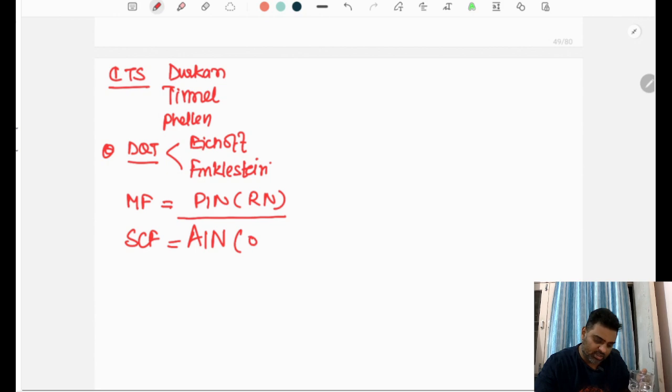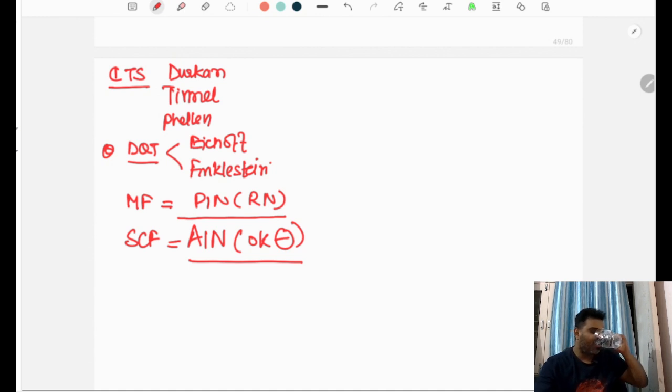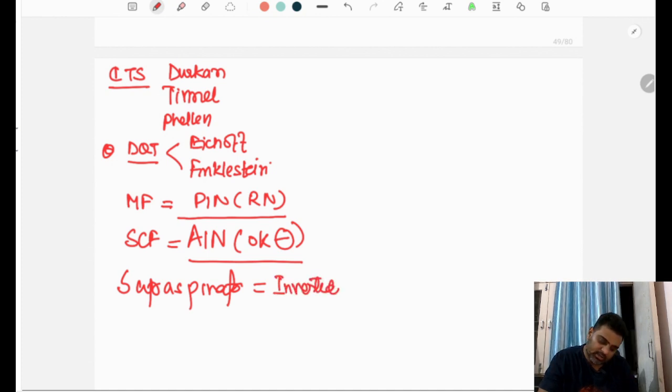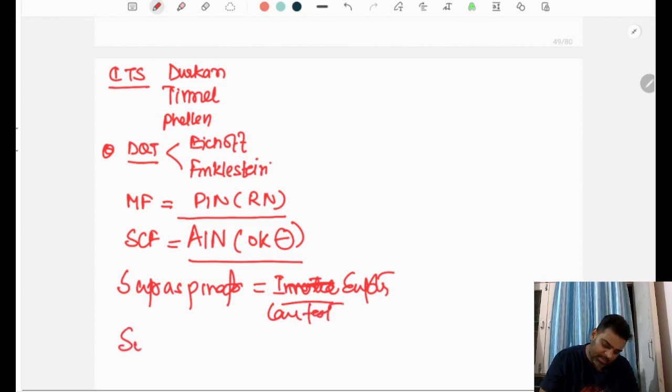That is, the OK sign will be absent. In supraspinatus muscle, which was the test? That is the empty can test. In subscapularis, that was the lift off test.